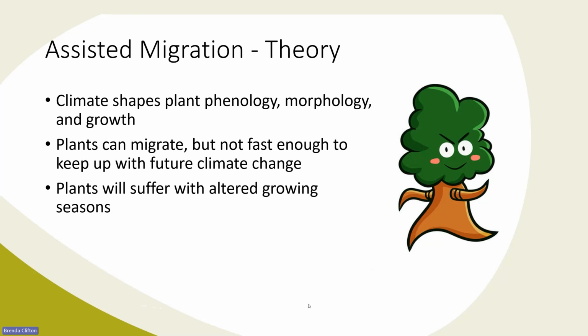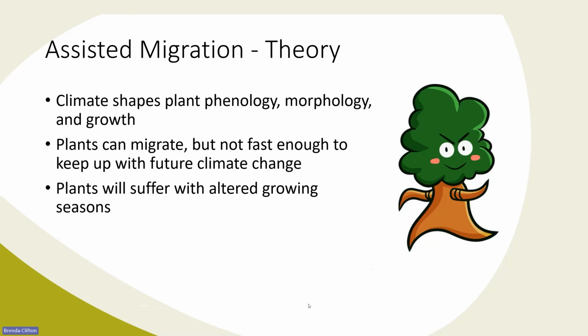And we know that plants can migrate themselves, especially the plants we put in our riparian areas. Their seeds are distributed by wind and animals, so they can move, but it's looking like they can't move fast enough to keep up with future climate change.